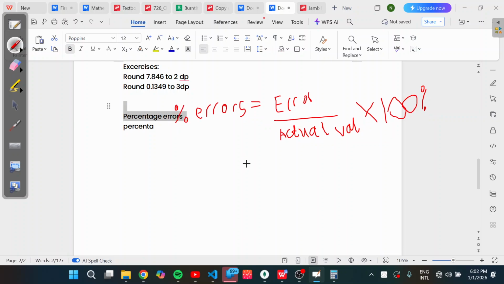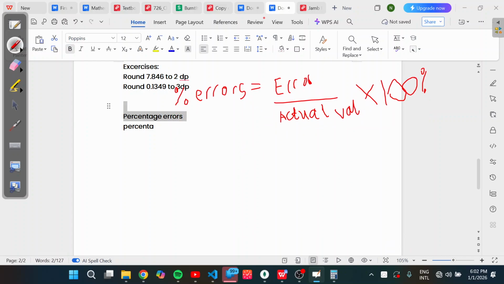Now, your next question should be, how do we actually determine the value for the error? And this is actually very simple. The formula for error is very simply the actual value subtracted, we subtract the approximate value from the actual value.